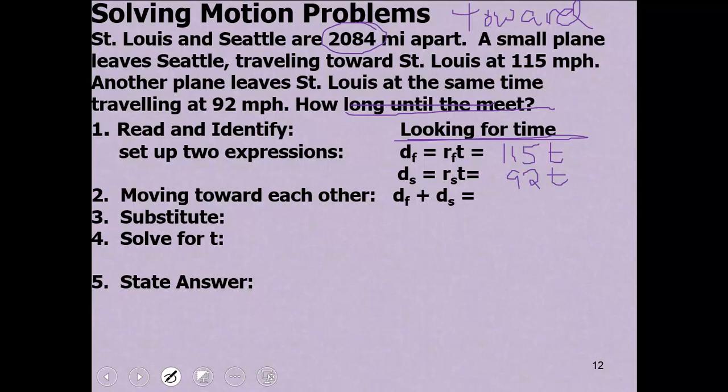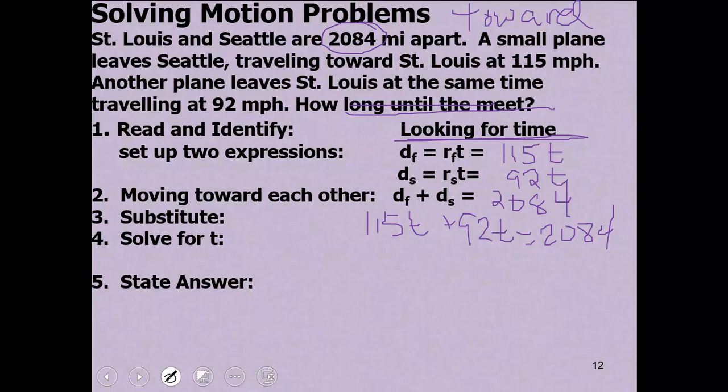When I add these two distances traveled together, they have to add up to 2,084 miles. So now I have 115T plus 92T equals 2084. What's 115 plus 92? 207.